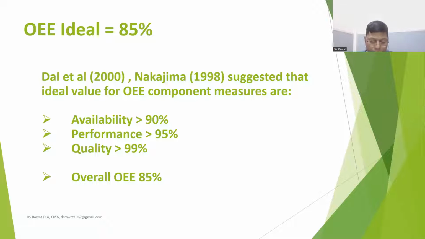A should always be higher than 90%, P should always be higher than 95%, and Q ideally should be higher than 99%, and that should constitute OEE greater than 85%.